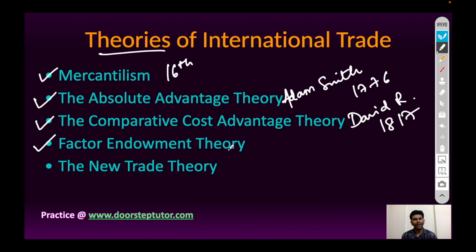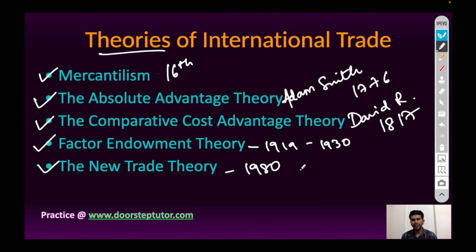Next, factor endowment theory of Heckscher and Ohlin in the 1930s, and the new trade theory during the 1980s by Paul Krugman. So let's discuss each theory in detail.